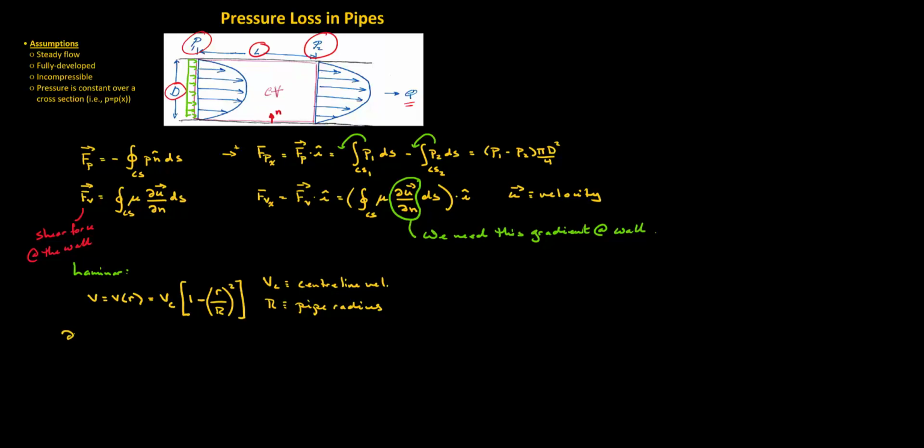So we can drop the partial derivative notation, given that we know that the velocity is only a function of r, and we can just express it as dv by dr. And carrying out this derivative, we find that it is equal to minus 2 Vc multiplied by r over R squared.